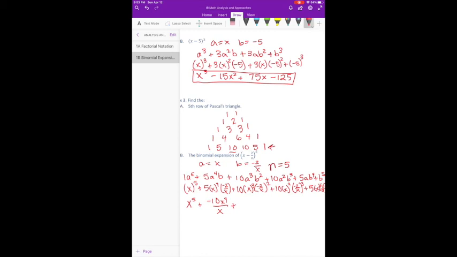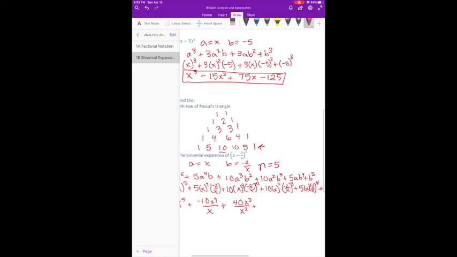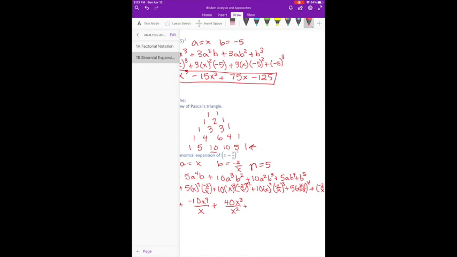So 10 times +4 is going to be 40. X to the third on the top of that fraction over x squared on the bottom, because that second power goes to both parts. All right, now we've got 10 times x squared, and -2 to the third is going to be -8. So it's going to be -80 x squared on top over x to the third.